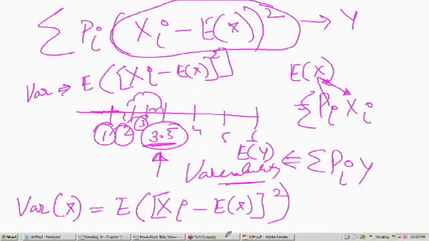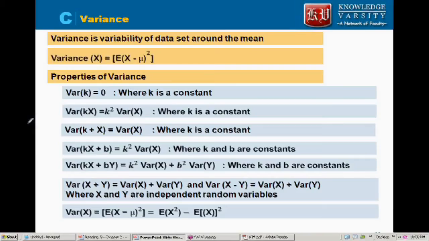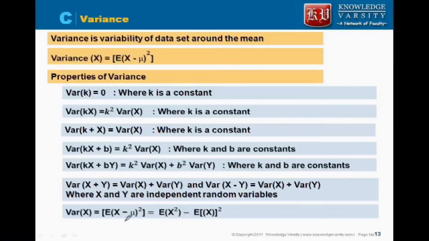Now this expected value of X, many times you will find they write as mu. Mu means mean. So the variance can also be written as the expected value of (x_i minus mu) whole square. I'll show you the formula: this is given as E[(X minus mu) whole square], and the outcome is E[X square] minus (E[X]) whole square.